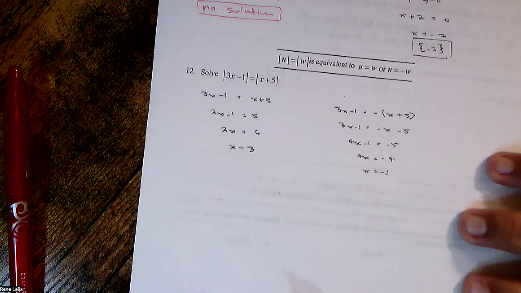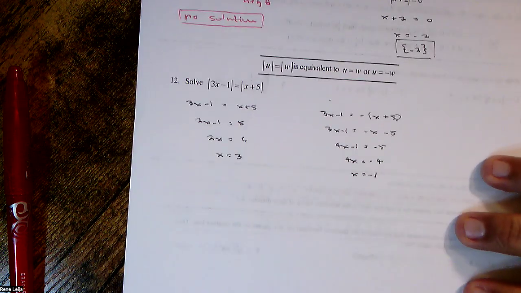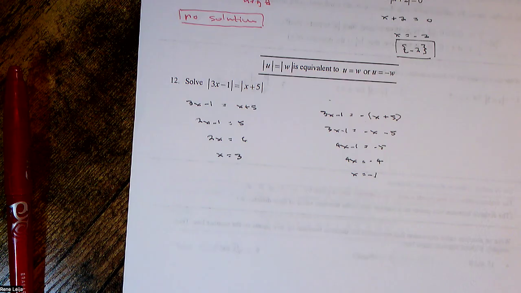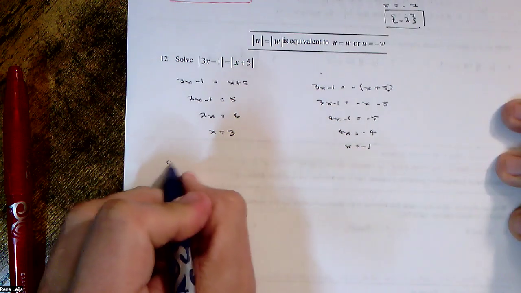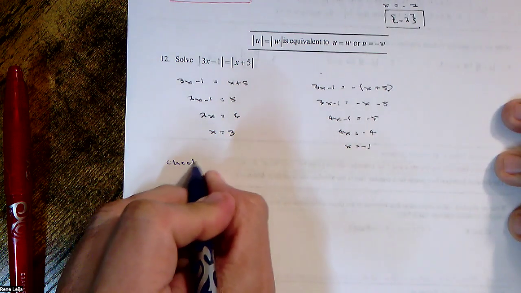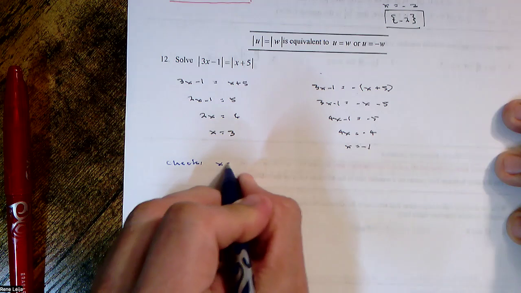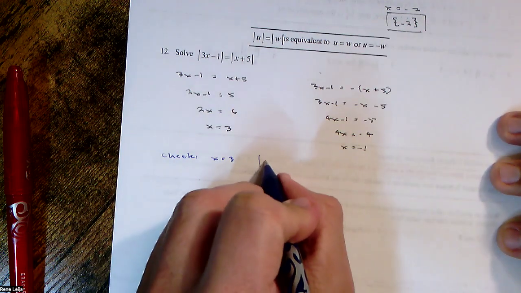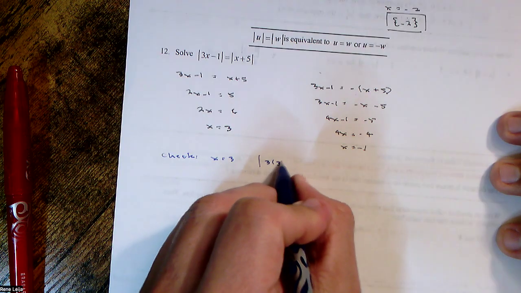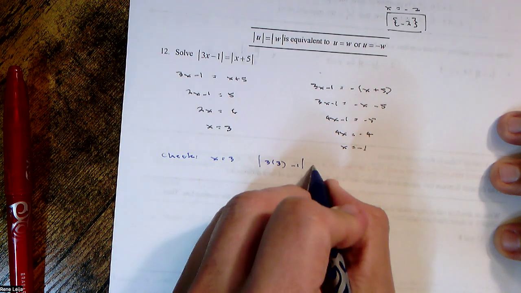Now let's check this to make sure. Okay, I know I don't have you do this quite often, but in this case, I want you to see how this is going to work. So we're going to check. So first I'm going to check that x is 3. All right, so we have the absolute value of 3 times 3 minus 1.